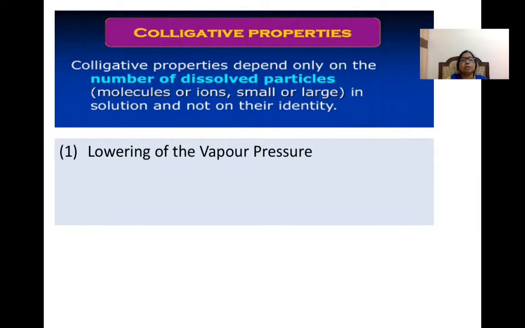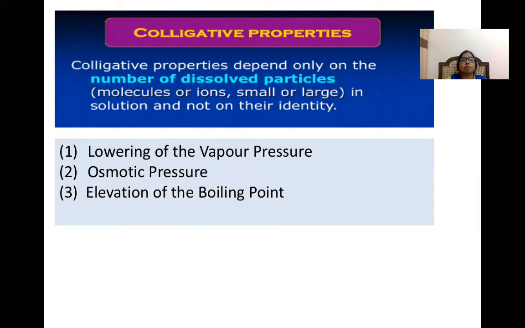The first one is lowering of the vapor pressure. Second is osmotic pressure. Third is elevation of the boiling point. Fourth is depression of the freezing point.